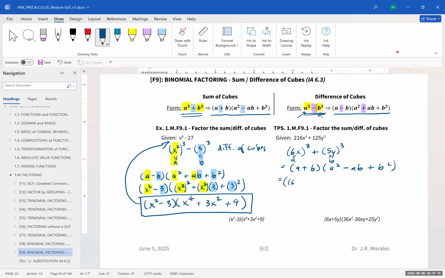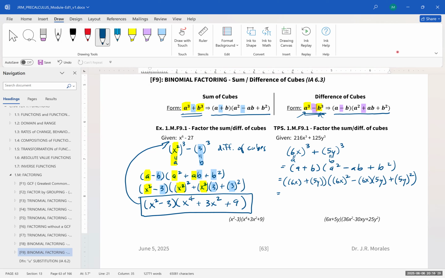So we're going to have 6x plus 5y. And then a is 6x squared minus 6x times 5y minus, or I'm sorry, plus 5y squared, like that.